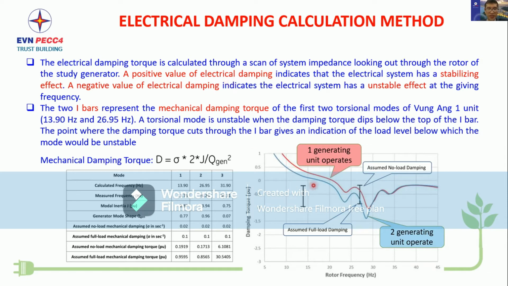You can see here the two I bars represent the mechanical damping torque of the first two torsional modes of Vũng Áng 1 units at nearly 14 Hz and 27 Hz. A torsional mode is unstable when the damping torque dips below the top of the I bar. And the point where the damping torque cuts through the I bar gives an indication of the low level below which the mode will be unstable.